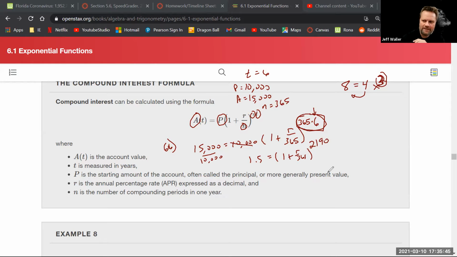I'm really curious now. All right, we know how to do this. We know how to do this. Do you remember what I had to put in my calculator to do like the 6th root of 11 or something? I had to put 11 to the 1/6. I like it. So if I wanted to do the 2,190th root, it's actually going to be 1.5 to the 1 over 2190.